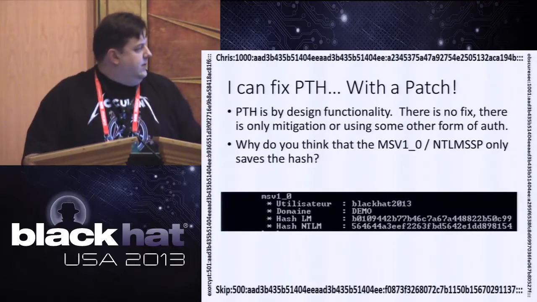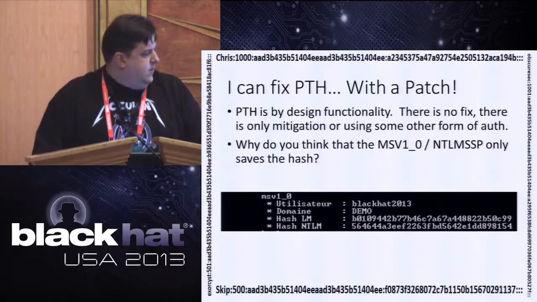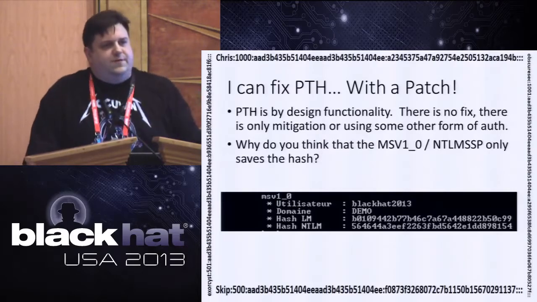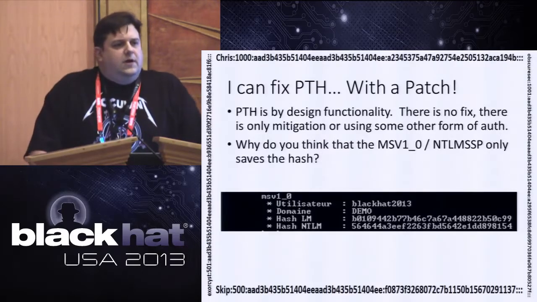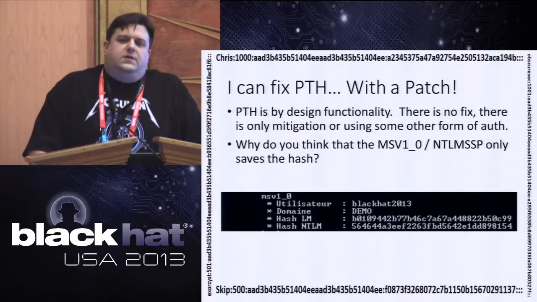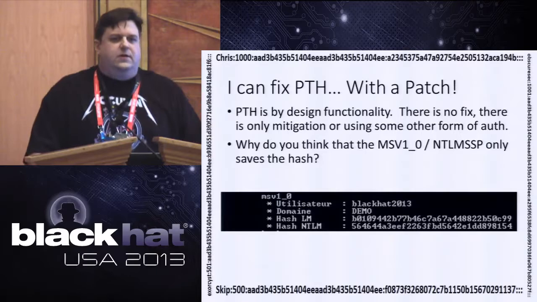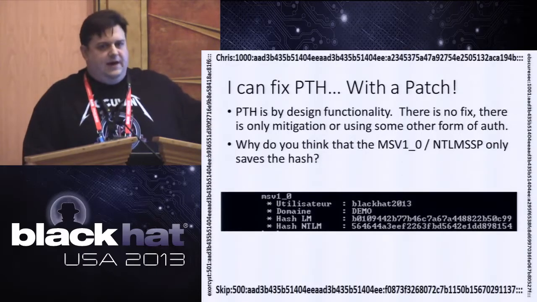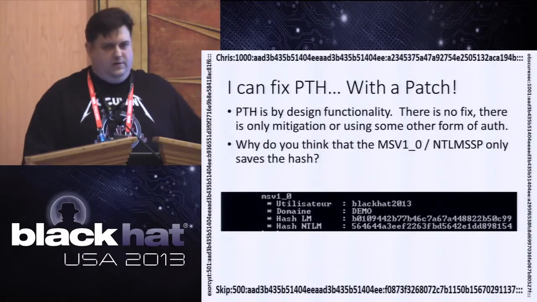And another little side bit that I always like to hammer on, the LM password. If you're using a password on a Windows box that is 14 characters or less, in LSASS, the LM hash is always calculated currently.